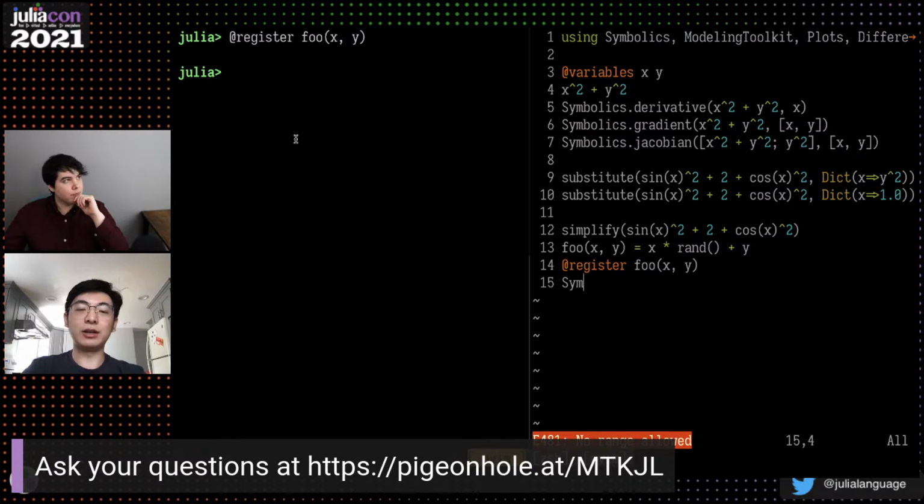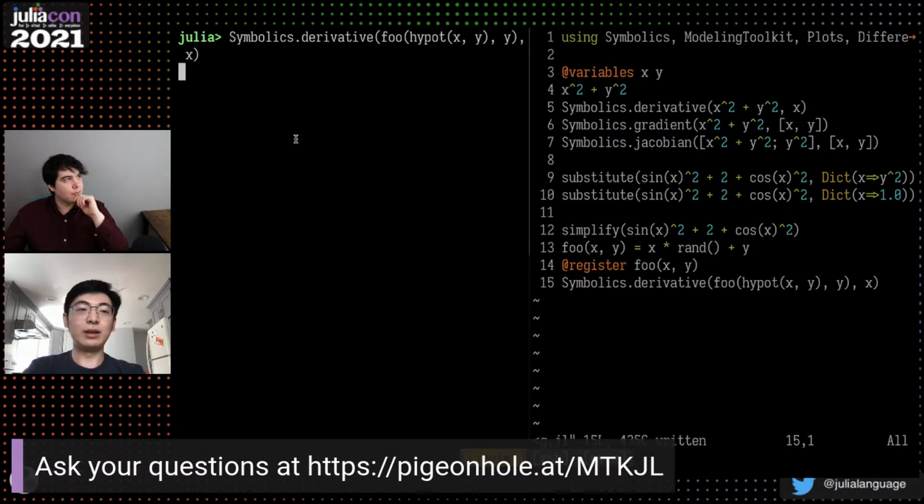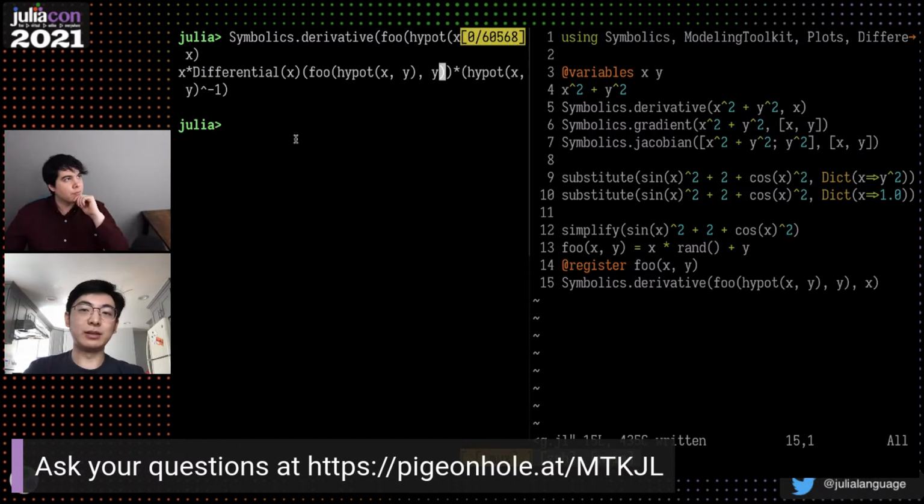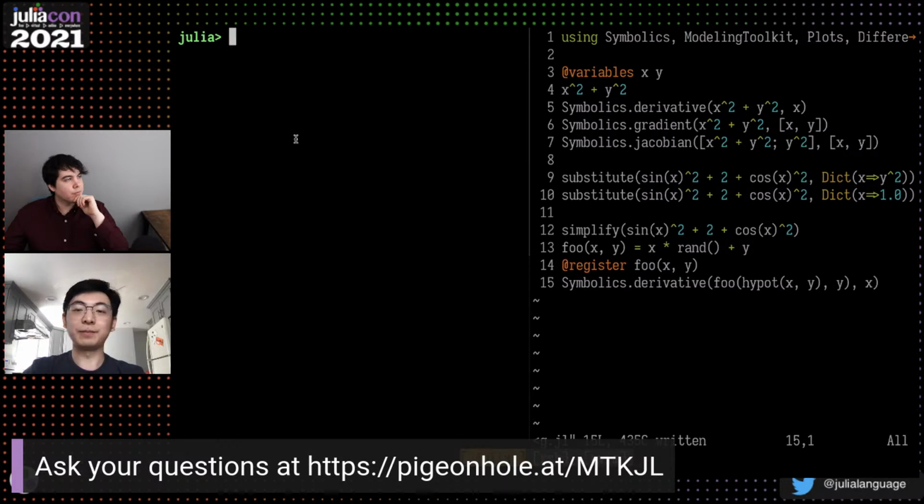So in here, if I have Symbolics.derivative of foo of hypot of x and y with respect to x, you will see that now because Symbolics doesn't know the symbolic derivative of the function foo, the derivative with respect to x on this function is left unexpanded.